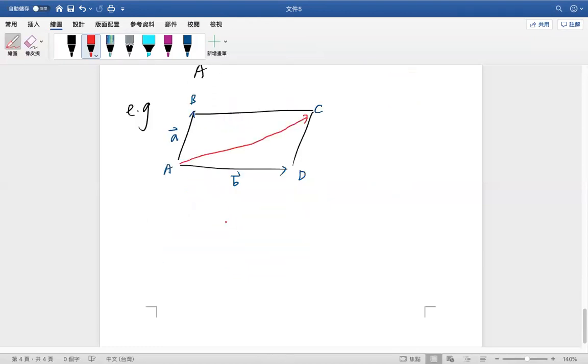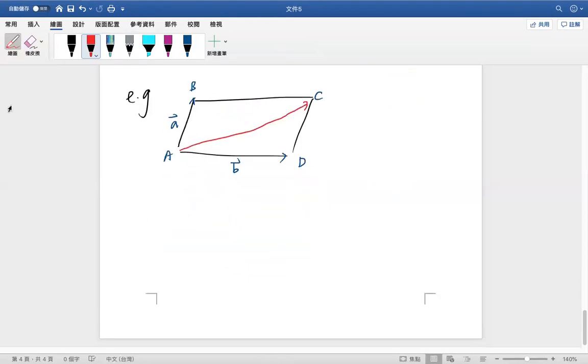So how can we find this vector, in terms of A and B? It's just A plus B, right? Why do you think so? AB is equal to CD and AD is equal to BC. Yeah, okay. Actually, you don't need to move both vectors.